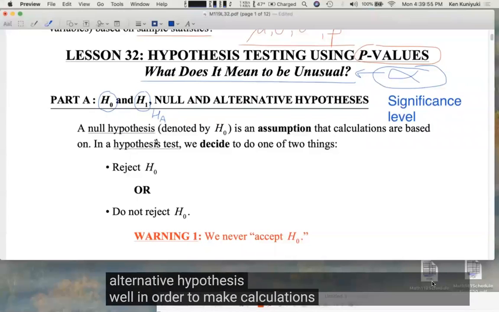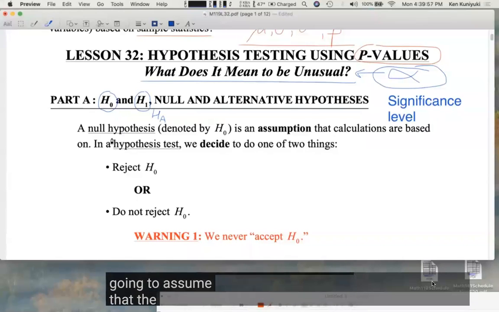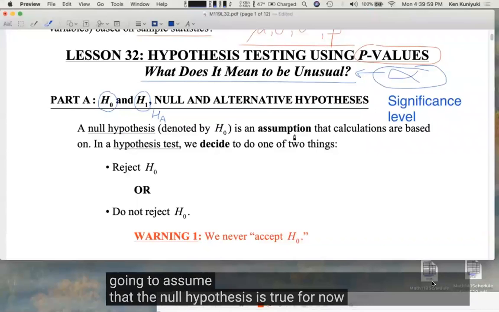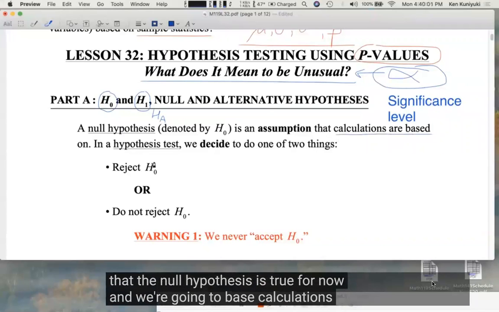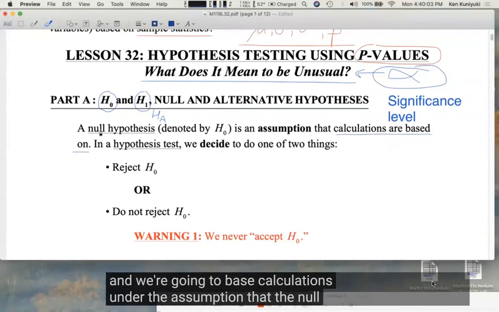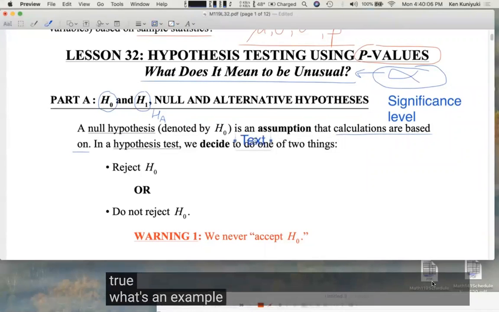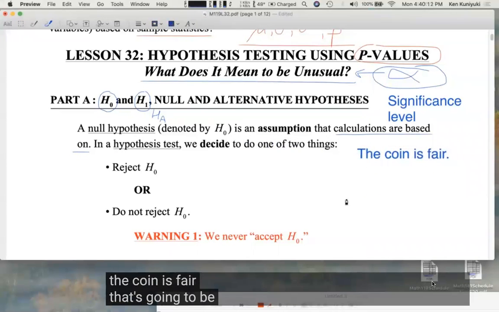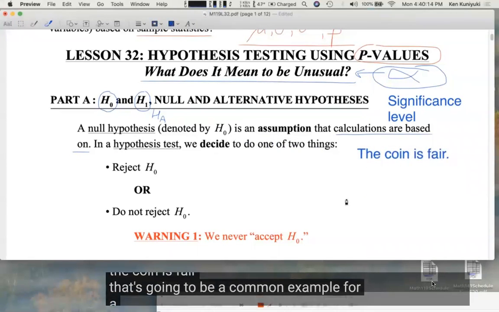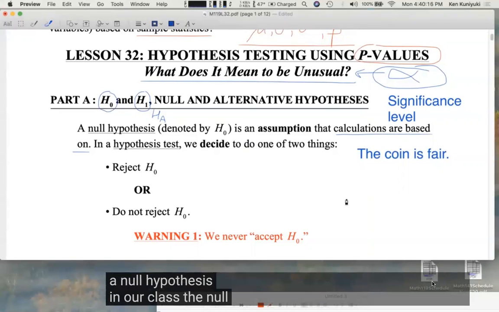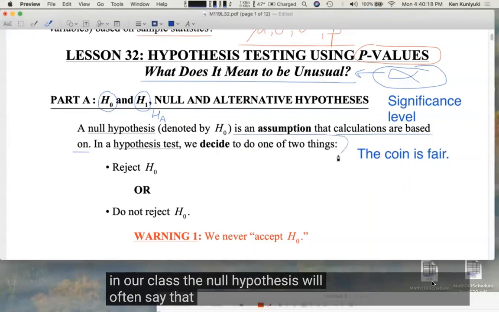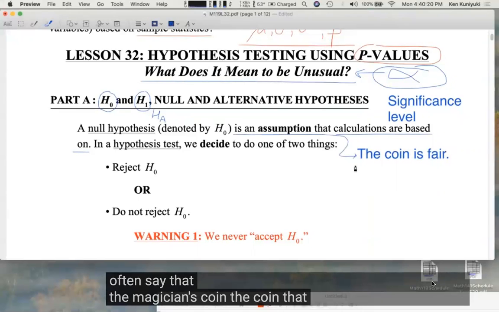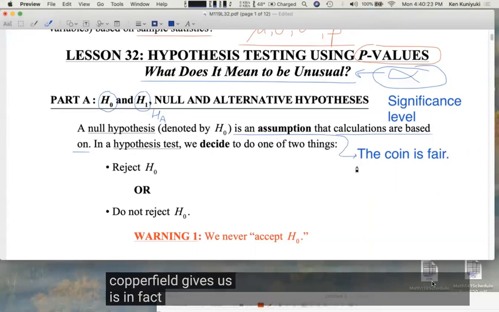Well, in order to make calculations, we're going to assume that the null hypothesis is true for now, and we're going to base calculations under the assumption that the null is true. What's an example of a null hypothesis? The coin is fair. That's going to be a common example for a null hypothesis in our class. The null hypothesis will often say that the magician's coin, the coin that David Copperfield gives us, is in fact fair. And we can base calculations on that assumption.